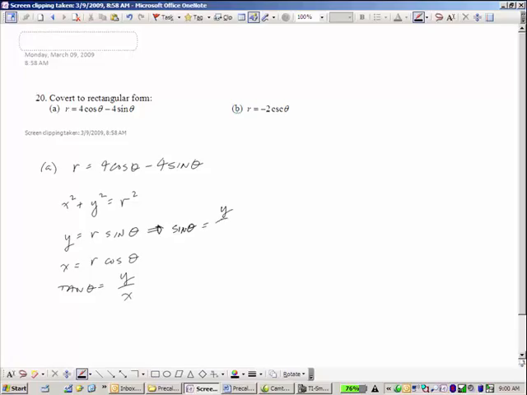Y divided by R. And what's cosine theta equal to? So I feel like I have a couple things I could do here. Wherever I see sine theta and cosine theta, I can plug in, so I can get R is equal to 4, instead of cosine theta, x over R, minus 4, instead of sine theta, y over R.